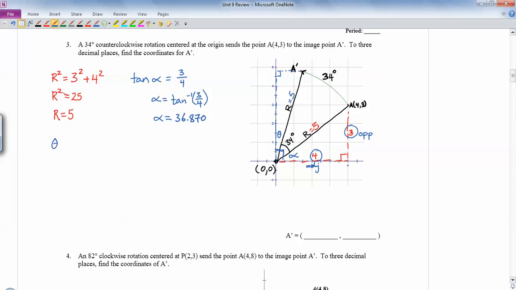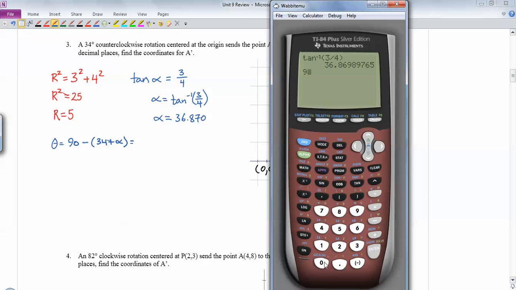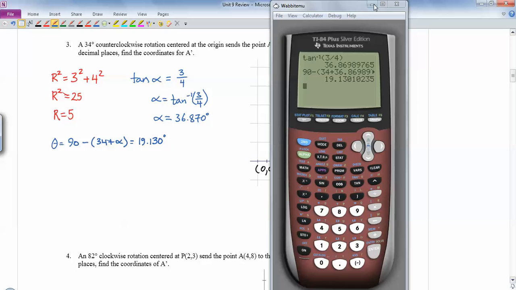So theta equals 90 minus 34 plus alpha. And that ends up being, let's see, 90 minus 34 plus that answer, 19.130 degrees.